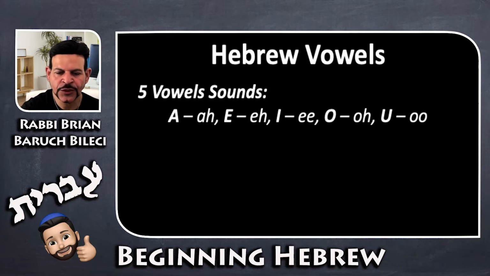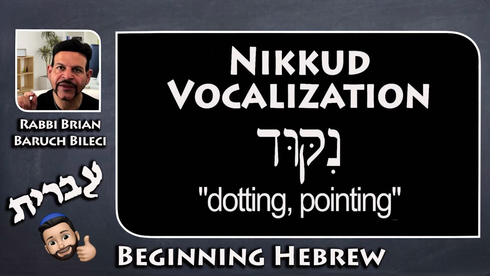Wonderful. So this system of vowels and its marking to indicate the vowels is called Nikkud vocalization. So as we look at the Nikkud vocalization, let's consider how to recognize the vowel system, which is a series of dots and dashes.